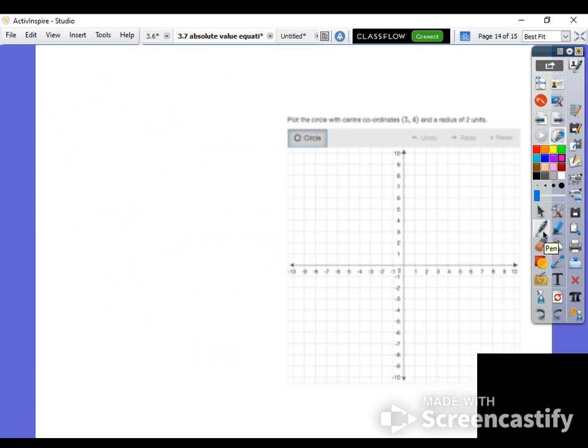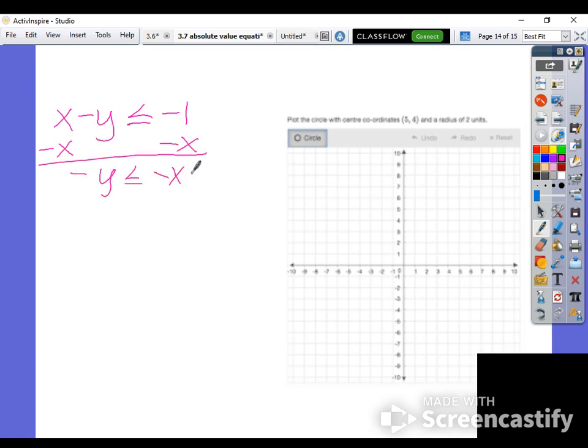Okay, try one more. So again, we've got to put this in slope-intercept form. So we move x first, minus x. Divide by -1. So when we divide by a negative, we flip the sign.